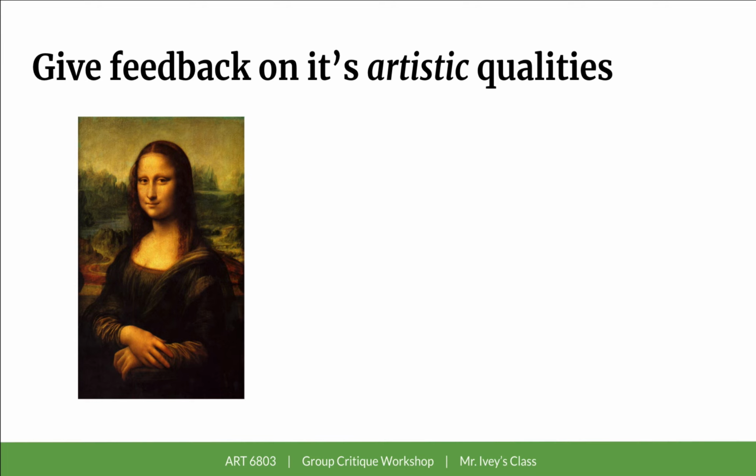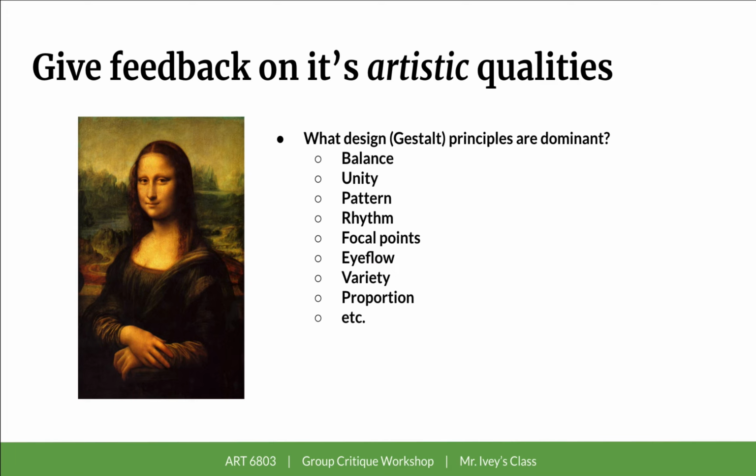All of this is fine and good, but you can also go a little bit deeper and give further input into the finer artistic qualities of the work. These are the principles of design that are common in most artistic works, also known as the Gestalt principles. Things like balance and unity, finding patterns and rhythm within the work, looking for focal points and how your eye flows through the design.